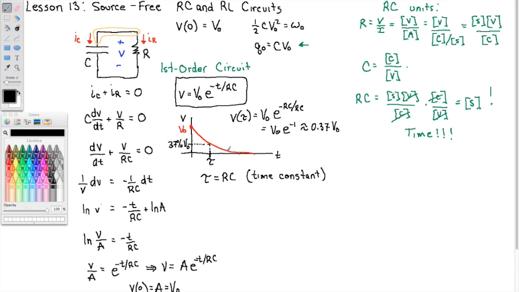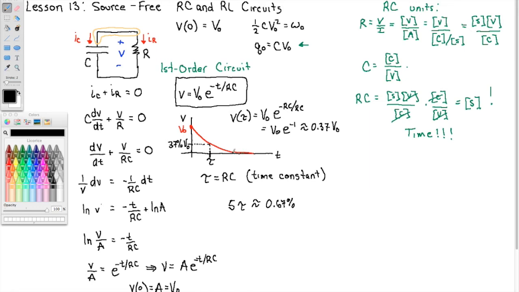After two time constants, e to the negative 2 is 0.135. So you have roughly 13.5% of the voltage that you started with. After 5 time constants, it's approximately 0.67%. It's very small. You just take a look at this graph.